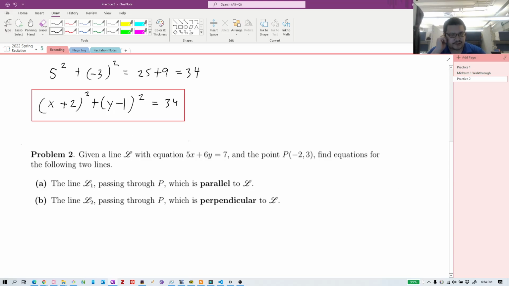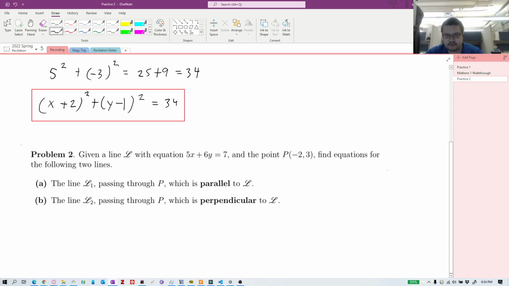So the approach that I suggested was more of the approach that you will have seen in other classes, where we get the slope of the given line, and then we construct the new line using point slope form. So, well, as a refresher, let me just comment what point slope form is.